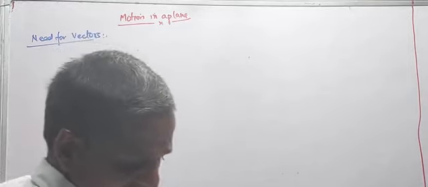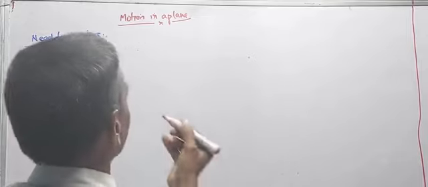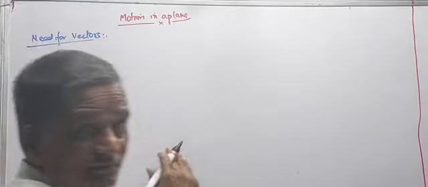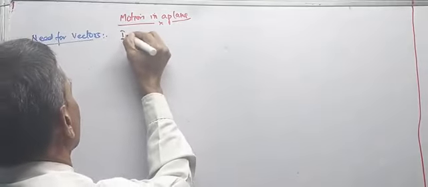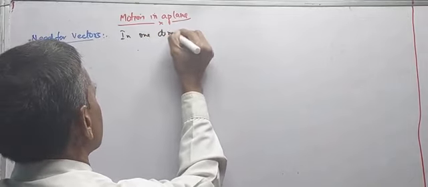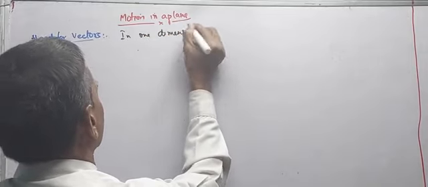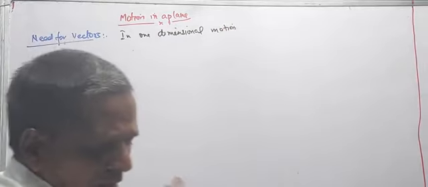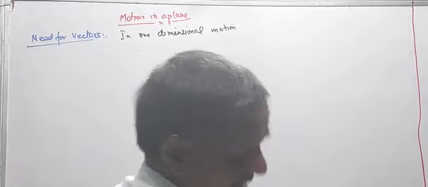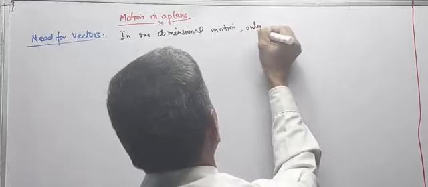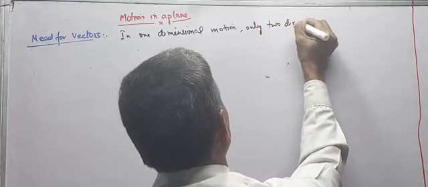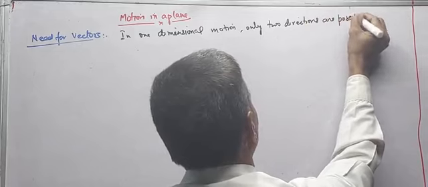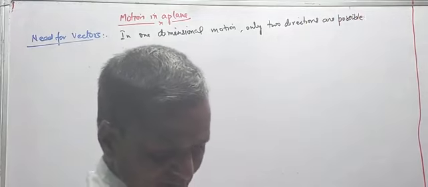In one-dimensional motion, only two directions are possible.